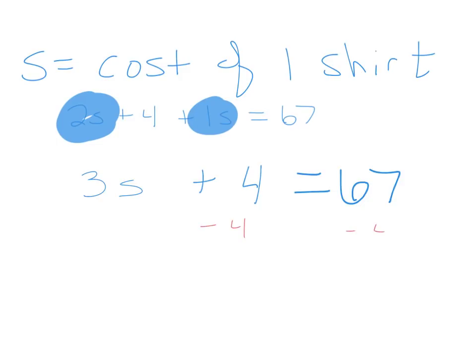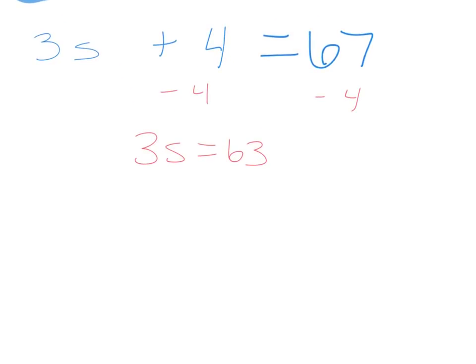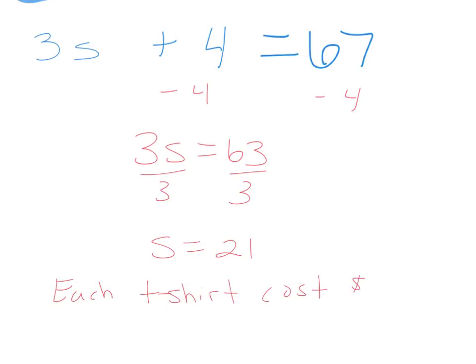Subtract the 4 off: 3s equals 63, then divide by 3, and s equals 21. So each T-shirt cost $21. All right, and that concludes your notes for 2-1 to 2-3.